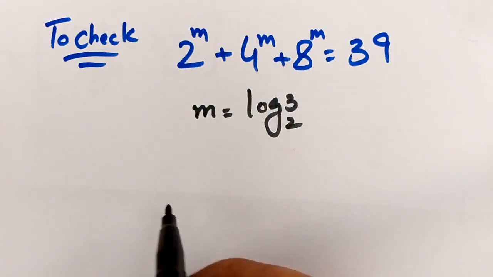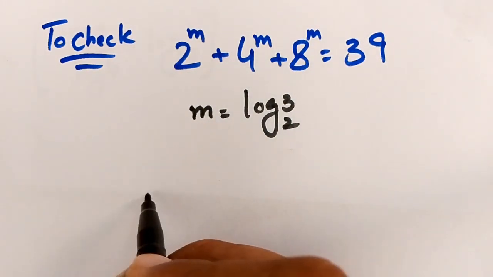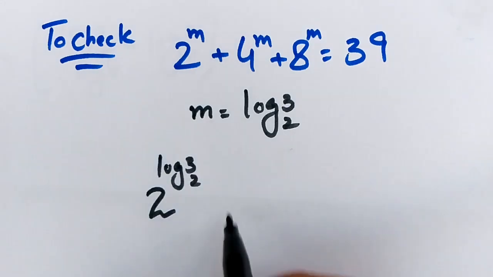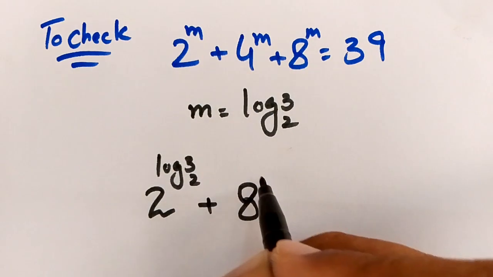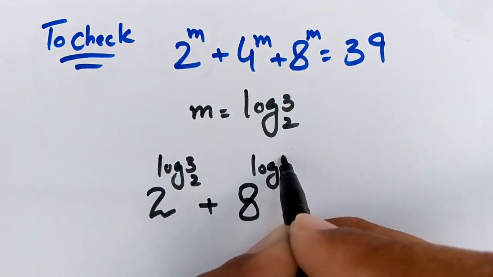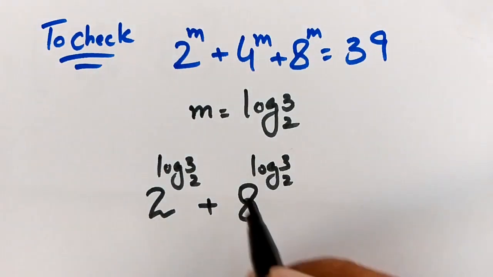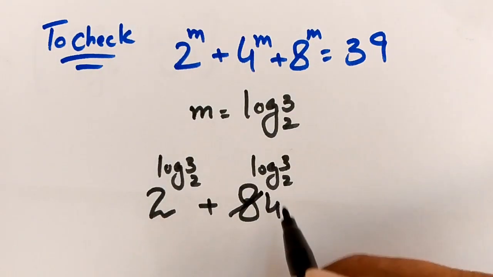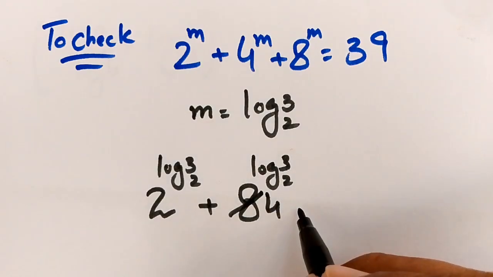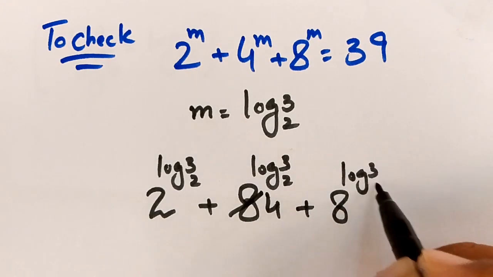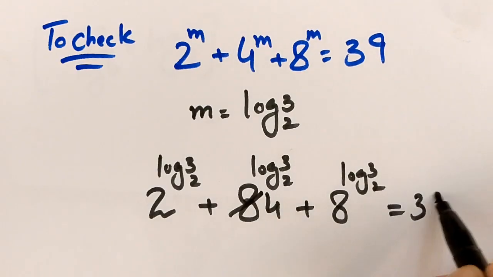So here this will become 2 to the power of log of 3 with base 2 plus, sorry, this is 4 to the power of log of 3 with base 2 plus 8 to the power of log of 3 with base 2, which is equal to 39.